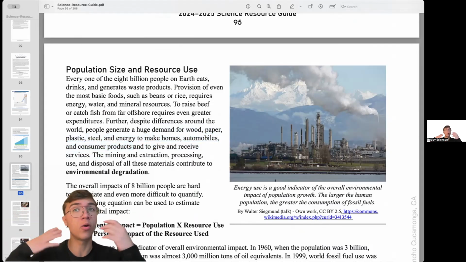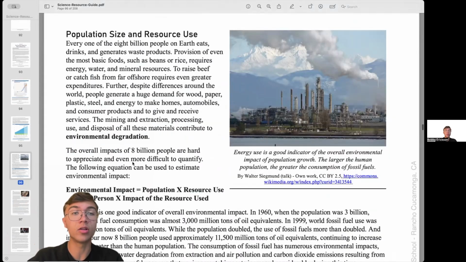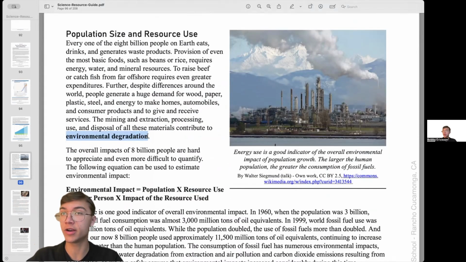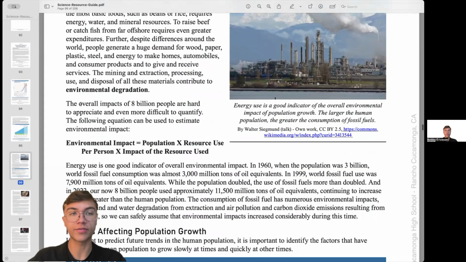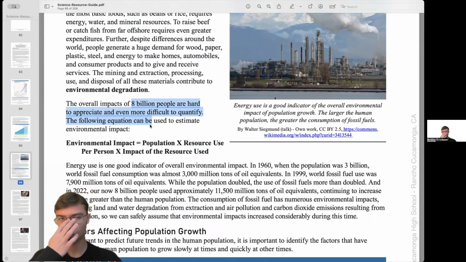So we all want a whole lot as humans, and this section is going to highlight that. A lot of these things lead to environmental degradation, in which we are degrading the environment in order to gain resources for ourselves. Now, it's hard to quantify, meaning turn into a numerical value, all the impacts of 8 billion people.